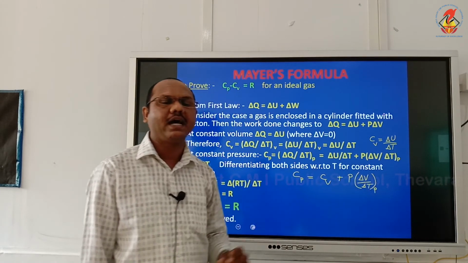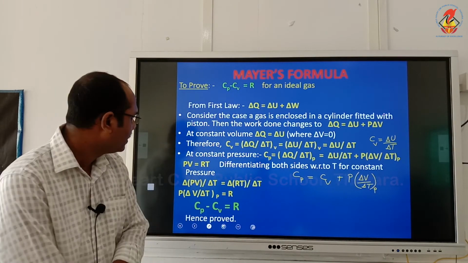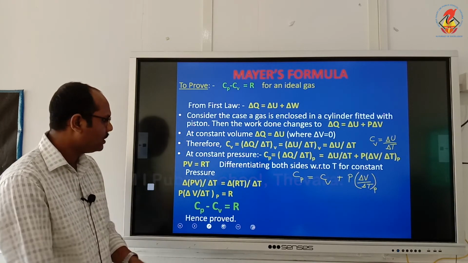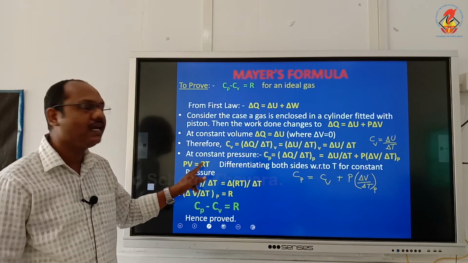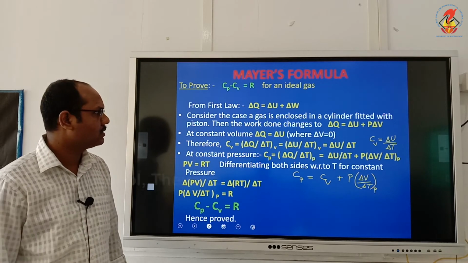For that I take the ideal gas equation. The ideal gas equation is PV equals RT for 1 mole of gas.